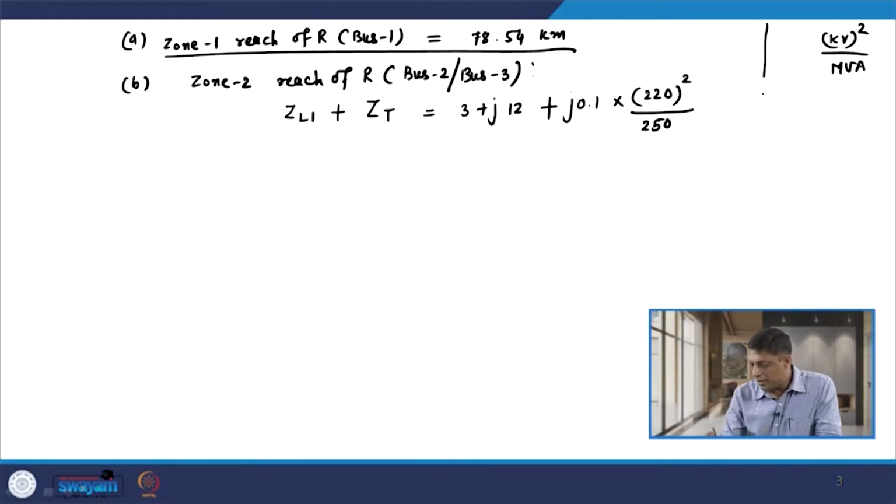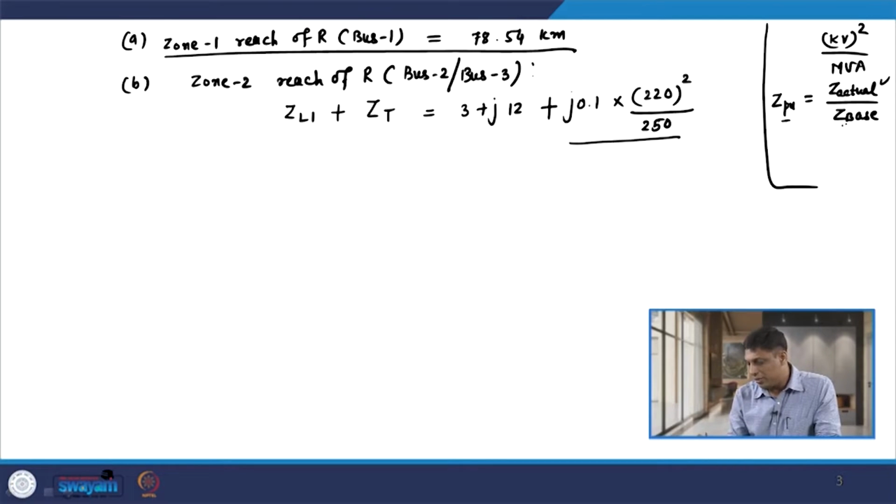We know that any value in per unit is given as actual value upon base value. So here, the value which we have calculated is the actual value. We have multiplied the per unit value, 10% or 0.1, with the base value given by kV square upon MVA.